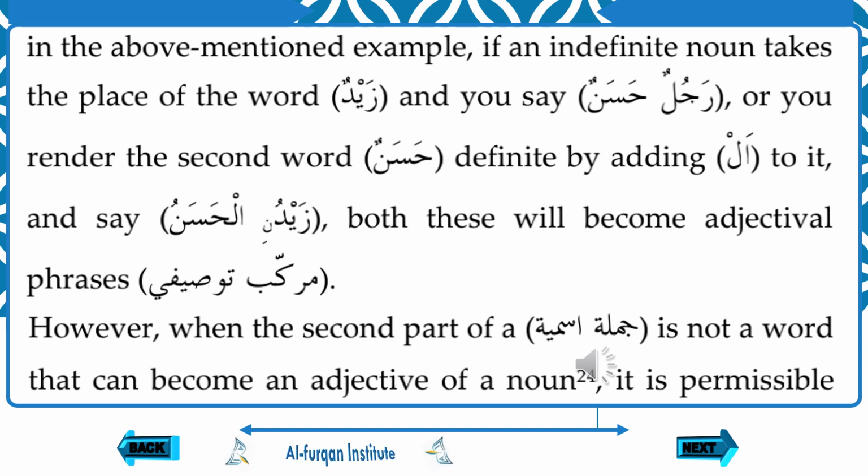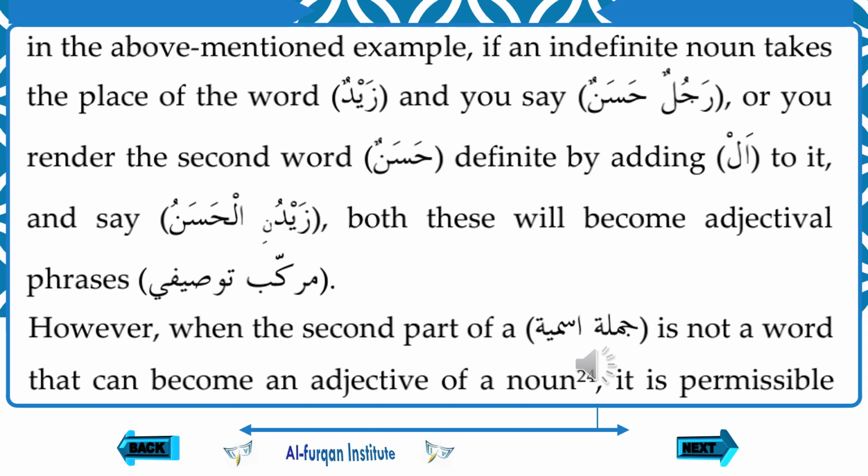If the first word is definite, then the second must be definite. For example, rajulun salihun, a pious man, both are indefinite. That's why it is a descriptive phrase. And ar-rajulu as-salihu, the pious man, both are definite, so it is also a descriptive phrase.